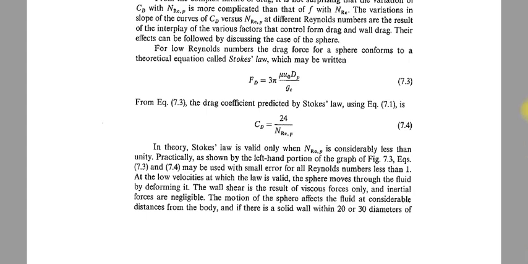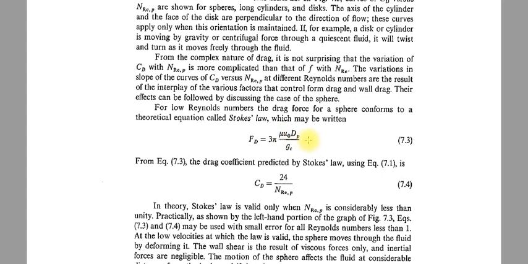So what is the region where this law is applicable? When the Reynolds number is less than 1. From Reynolds number less than 1 up to 10, this formula can be used. That will not give a very accurate answer, but it will give a sufficiently accurate answer. So up to Reynolds number 1, this formula is perfectly correct.